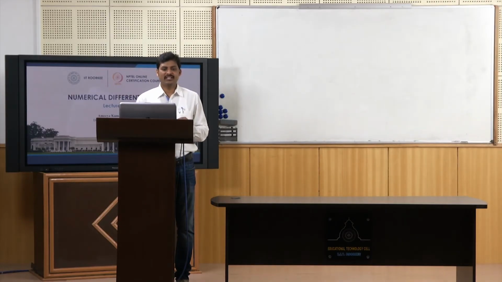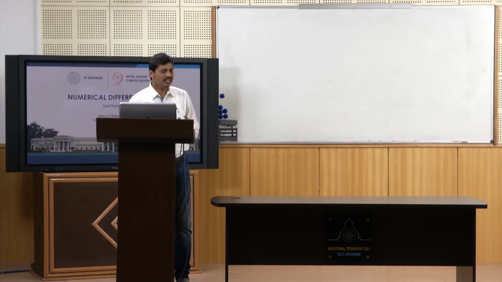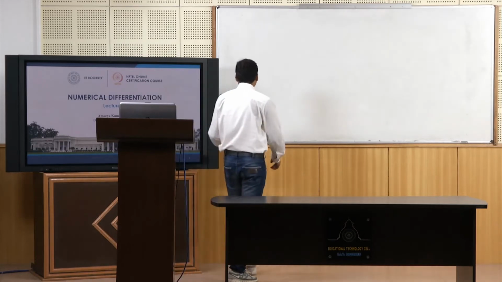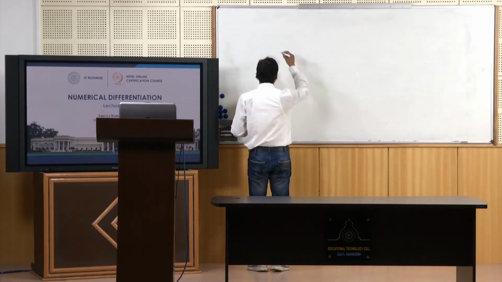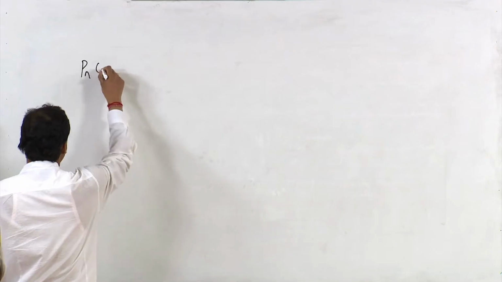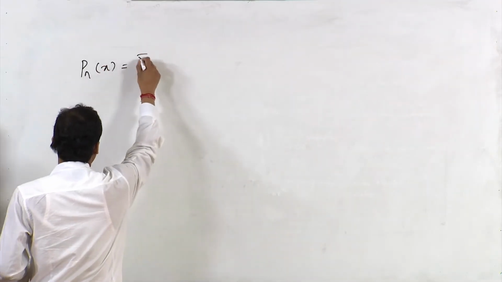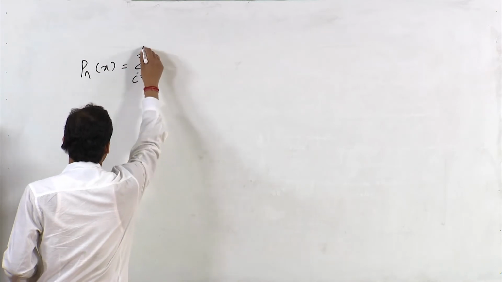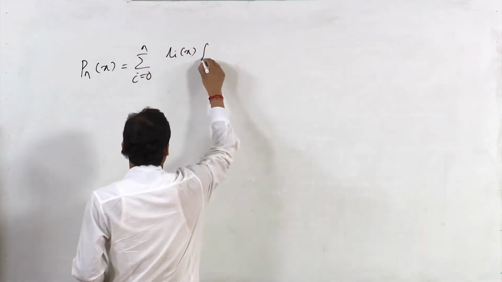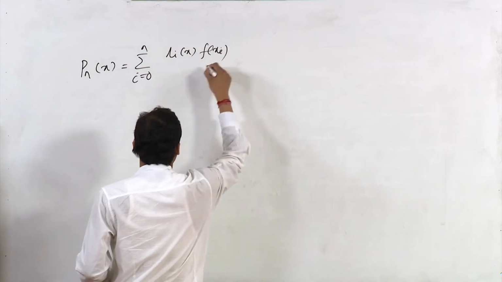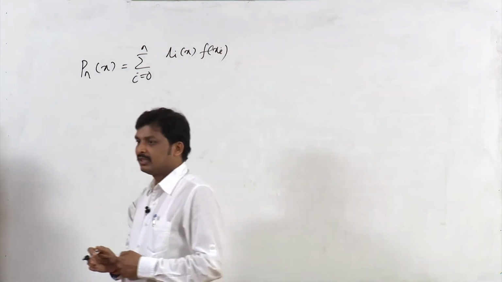at n plus 1 distinct points, starting from 0, 1, 2 up to n, then usually this Lagrangian polynomial Pn(x) is written in the form Pn(x) equals summation i equals 0 to n Li(x) f(xi).